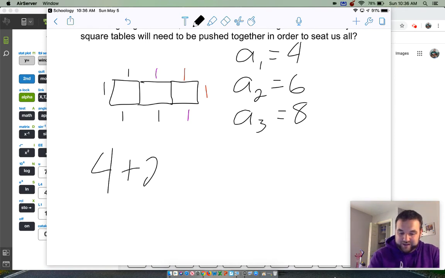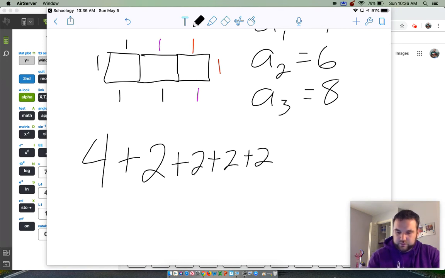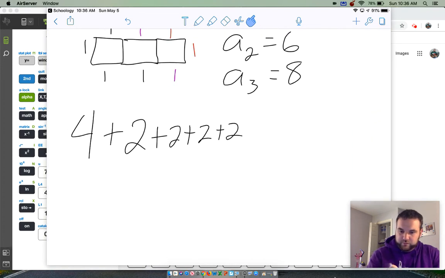I'm going to keep adding 2 until I get to 34. Okay. So this is another way to figure this problem out. So if I add 2, that's 6, which is for 2 tables. And I keep adding 2 plus 2 plus 2. Okay. And I can just keep building this up.